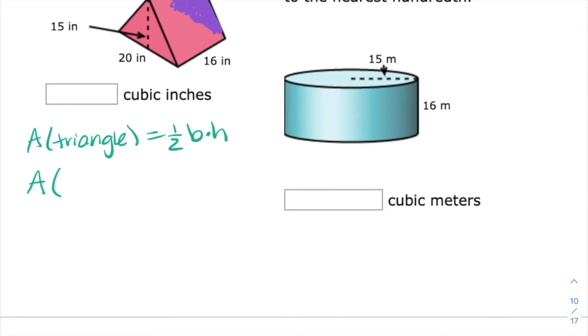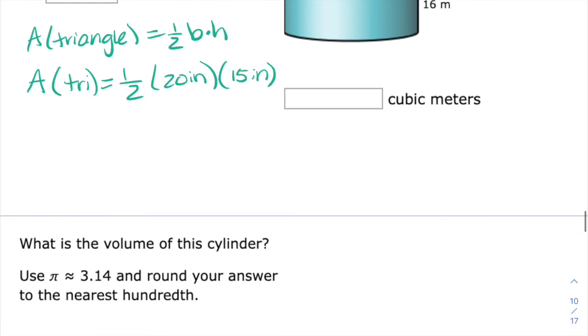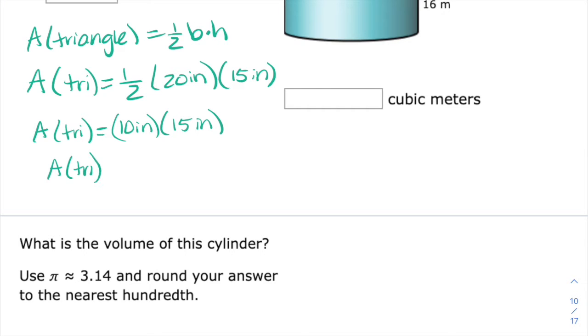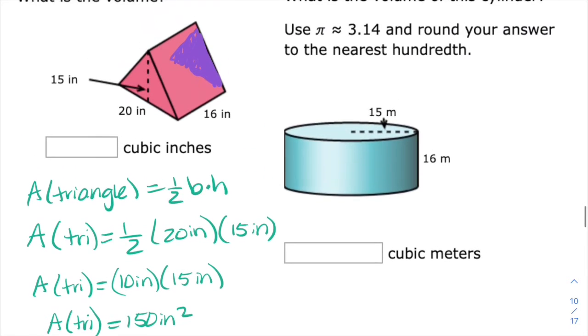Area of my triangle is equal to 1/2 times 20 inches by 15 inches. So area of my triangle equals half of 20, which is 10 inches, times 15 inches. And so the area of the triangle is 150 inches squared.